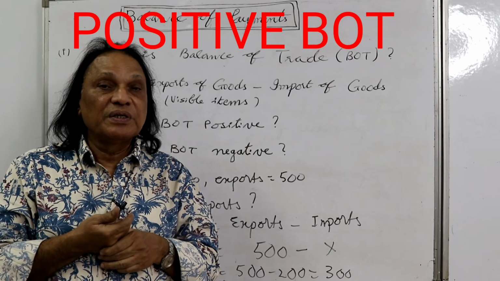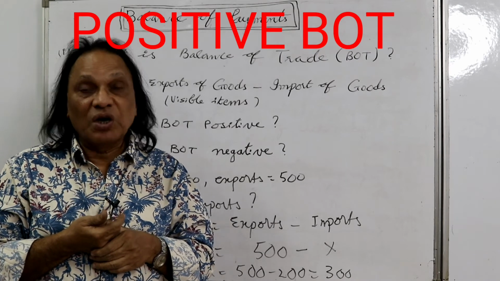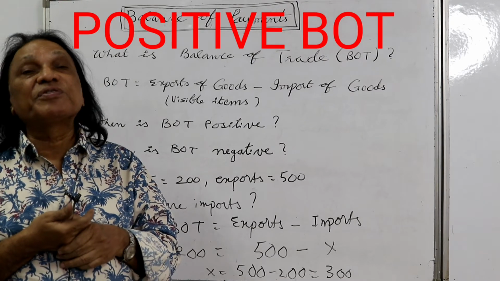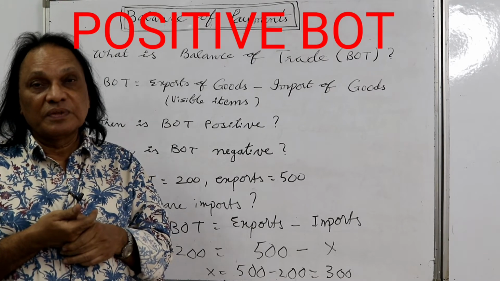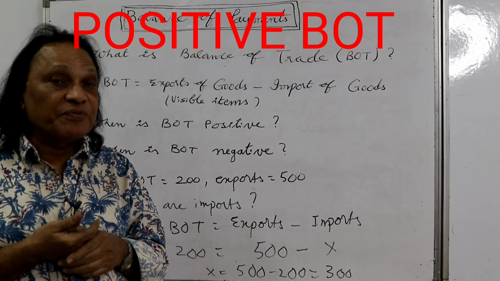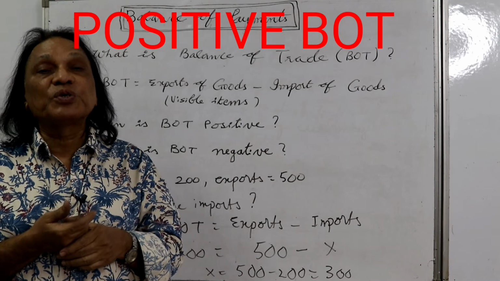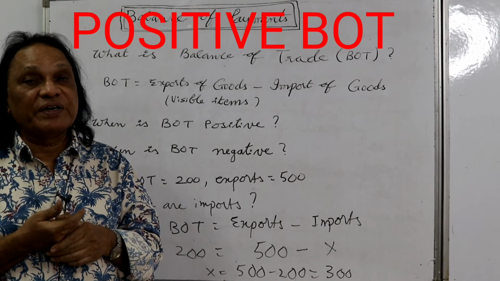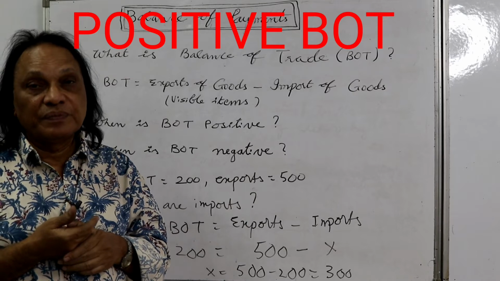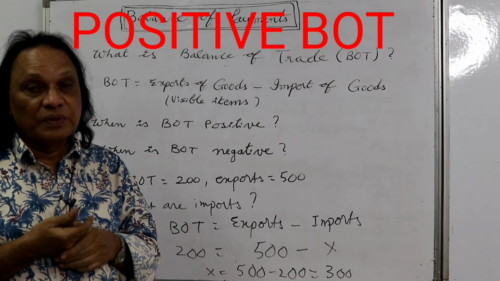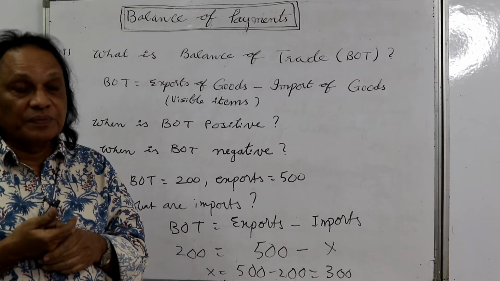That means there is a surplus. We call it surplus BOT, positive BOT, or favorable BOT. Exports of 500 crore rupees and imports of 300 crore rupees, and the BOT is 500 minus 300, 200. So this is surplus, positive, or favorable BOT.